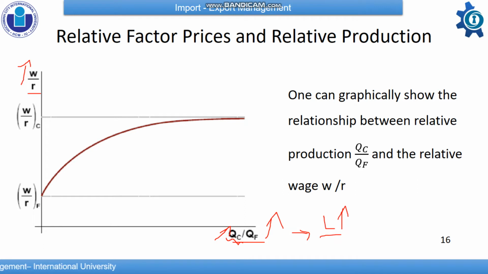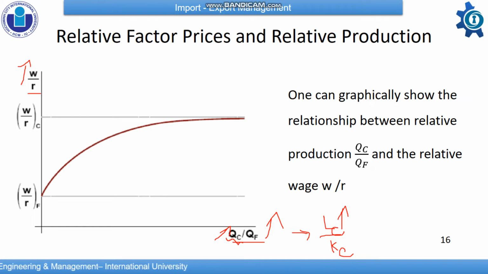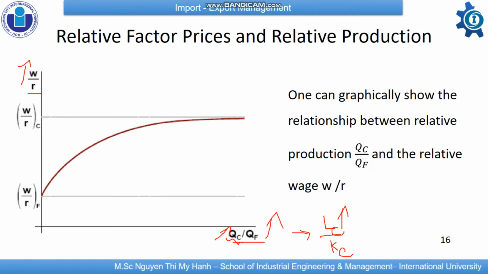So we have the relative demand of labor to the capital in cloth production increase, because, as I told you before, cloth production is labor intensive, so they use more labor compared to the capital than the food production sector.